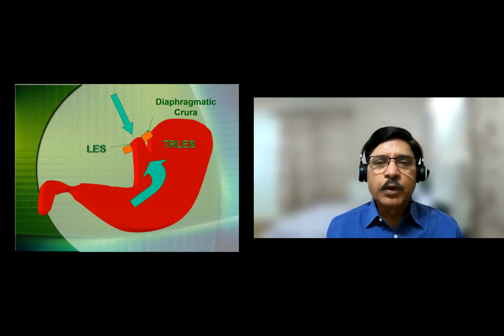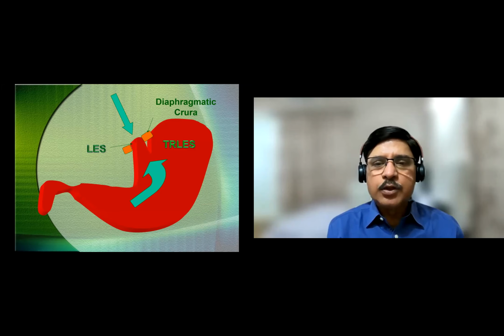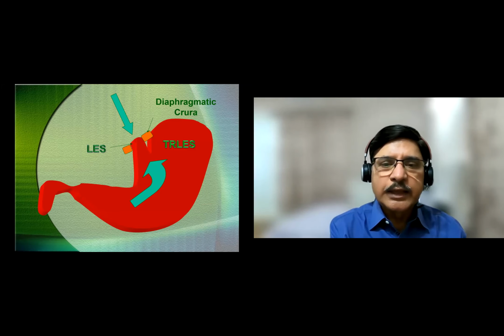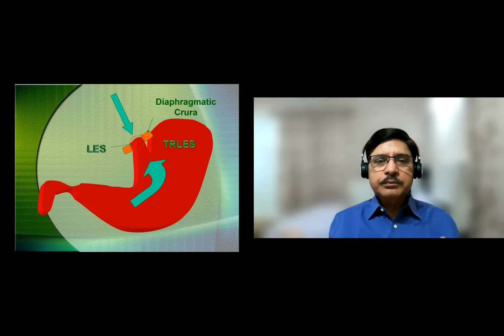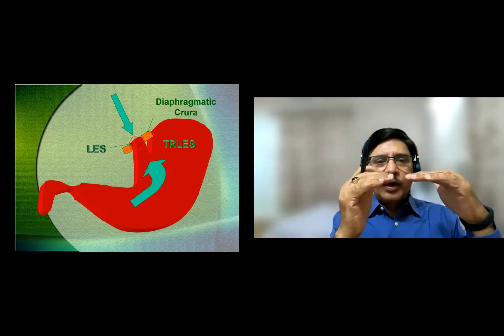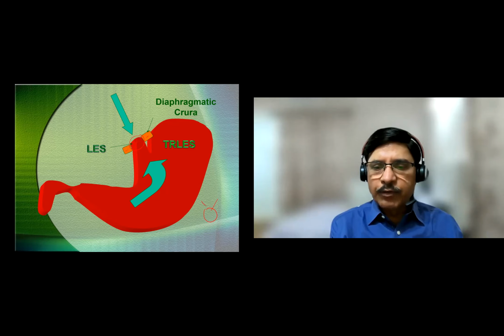Then you must know a little bit about GERD. For that, I'm going to take you through the lower esophageal sphincter. As you can see, this red big sac is your stomach, and this is the gastroesophageal junction. These are the two crura of the diaphragm. The crura of the diaphragm hold the lower end of the esophagus, encircling it from all sides like an opening.